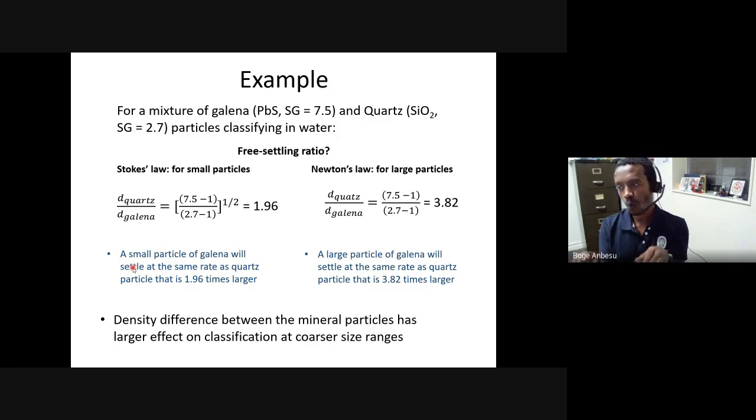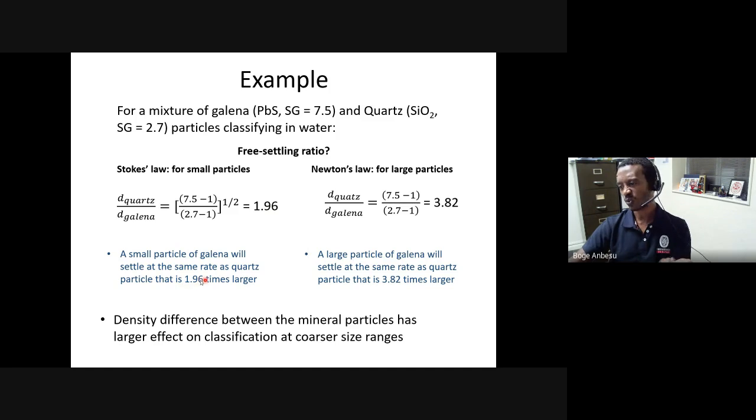So I need to know the size ratios that are optimum, or the size ratios that tell me galena needs to be this size and quartz needs to be this size to be able to separate them from one another. And that's actually obtained using the settling ratio. And it says here, after calculating the settling ratio of 1.96, a small particle of galena will settle at the same rate as a particle of quartz that is 1.96 times larger.